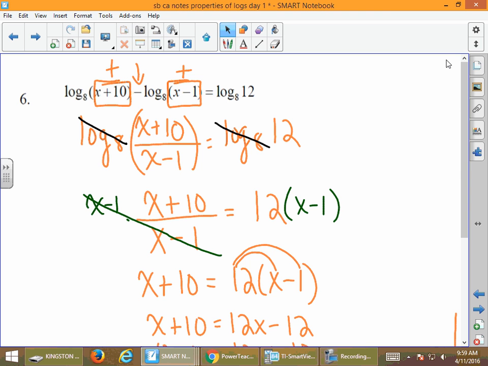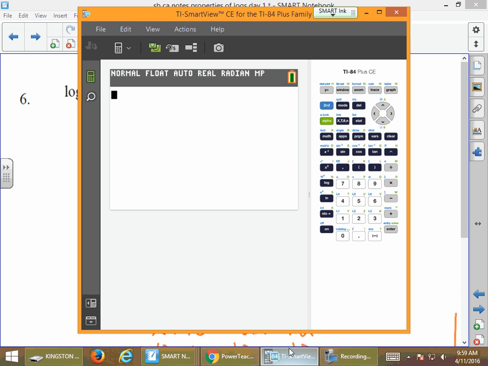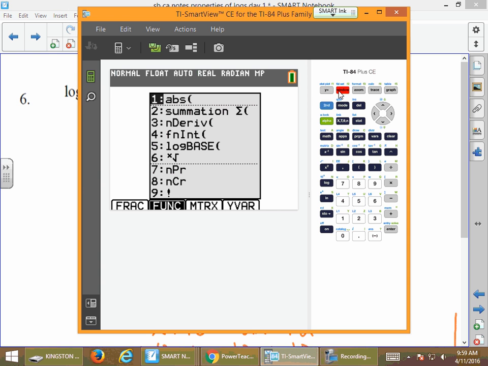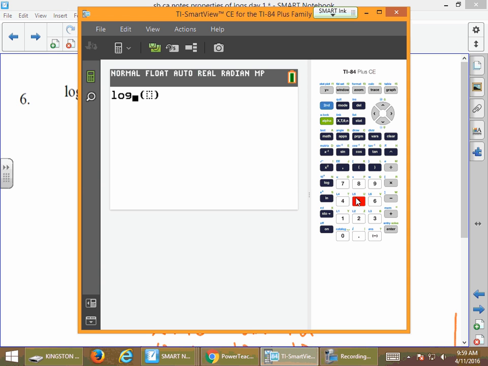Another quick little thing to remember is that most of your calculators will do this. Alpha window and then function number 5 allows you to type in the base. We can check this.